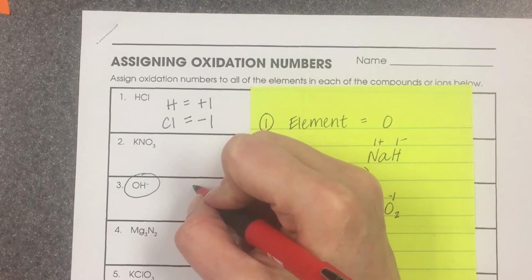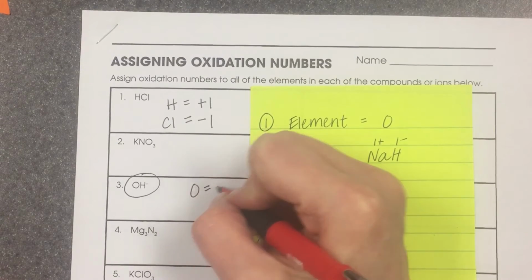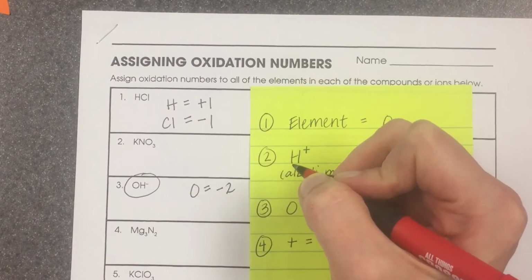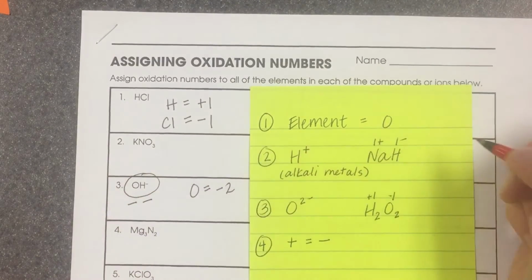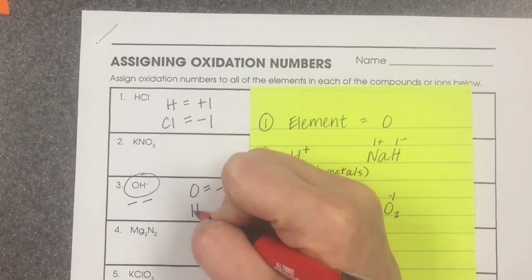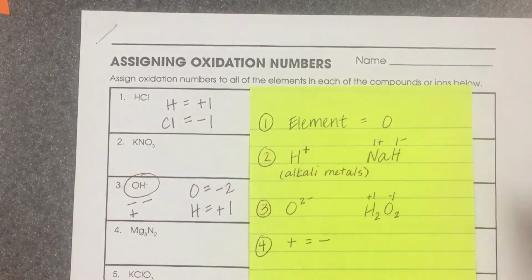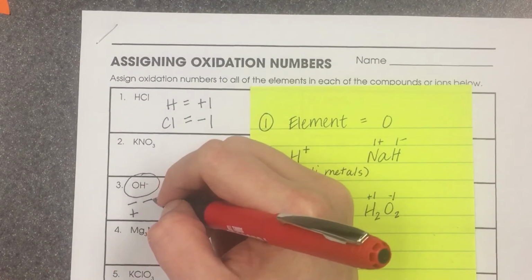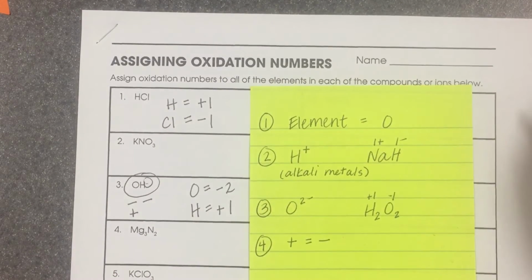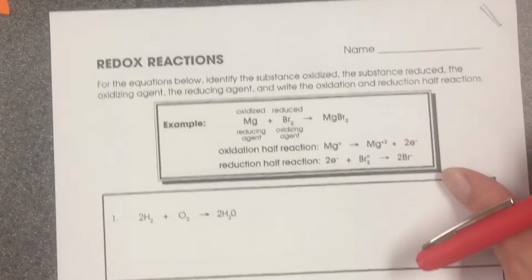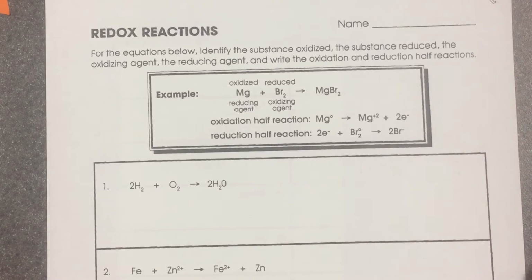If I use the rules, oxygen is going to have a -2 charge, so that means I've got 2 negatives there, and hydrogen is going to have a +1 charge. Not all of my negatives were canceled out by positives. There was 1 negative left over, which explains the charge on the hydroxide ion. Okay, so that's assigning oxidation numbers. That's really important whenever we get into redox reactions.